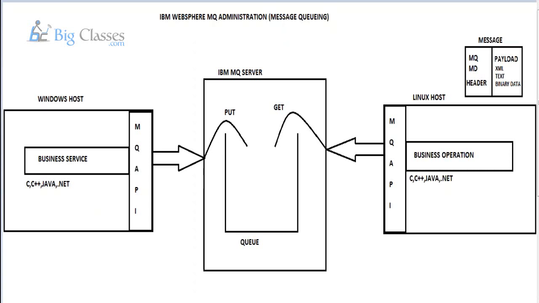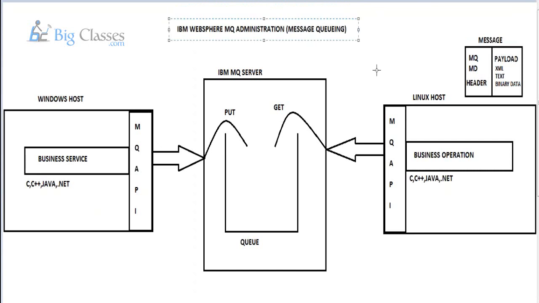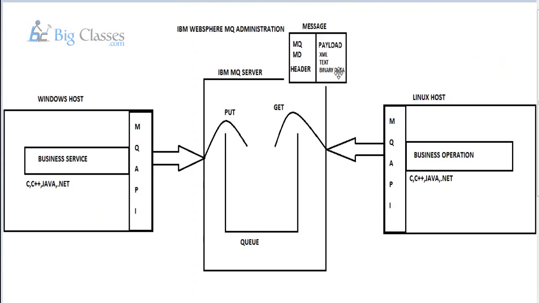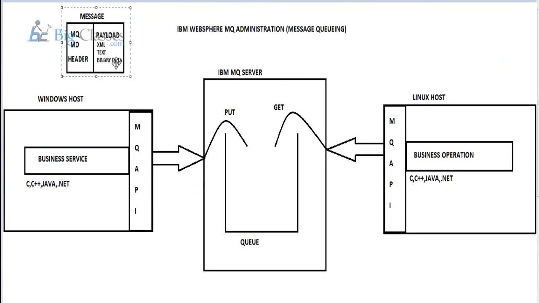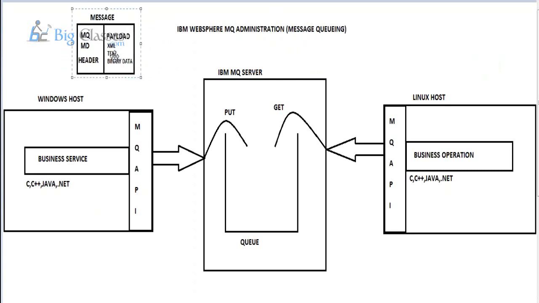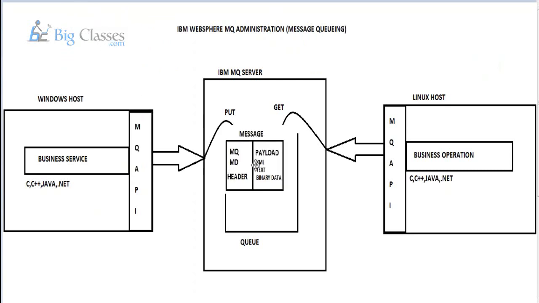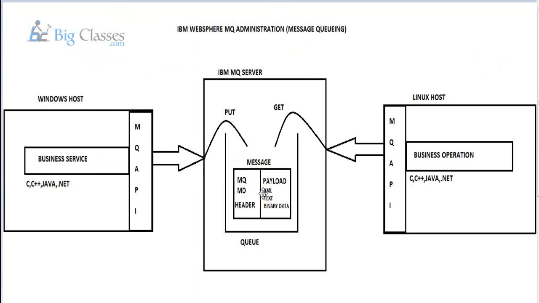Here WebSphere MQ can route the data. It cannot transform the data. It cannot perform any kind of operations on the message. See here, the business service is the owner of the message. It created the message and delivered the message to the MQ server. What the MQ server can do is hold that message.